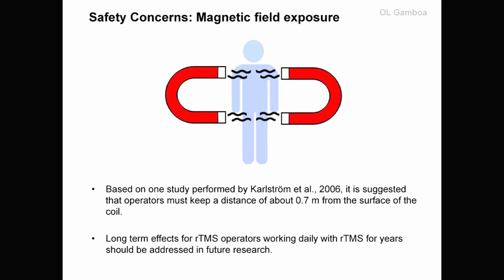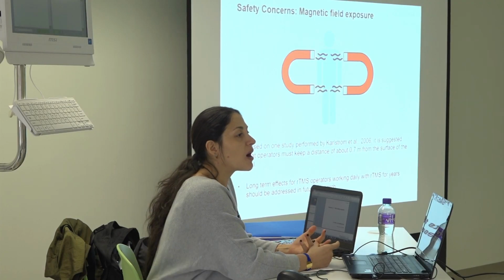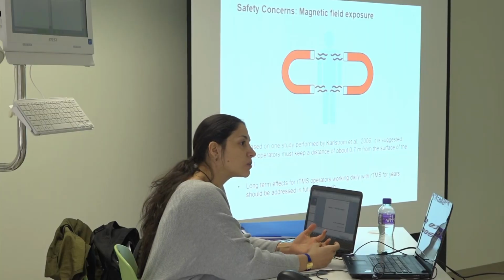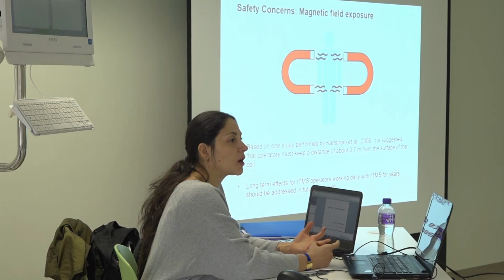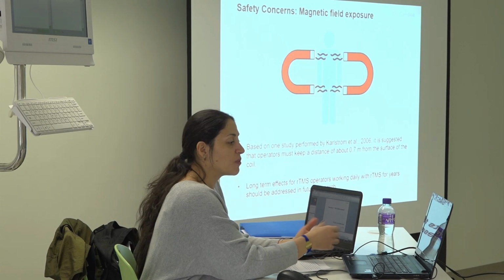Magnetic field exposure. It has not really been found that magnetism does any damage to the operators, and my PhD thesis was exactly about how electromagnetic fields and magnetism in general affect living things, and we didn't find anything.